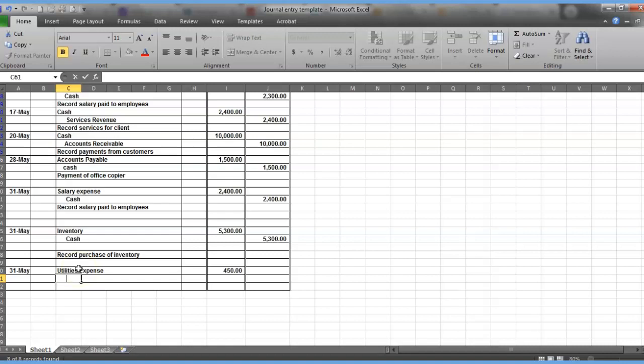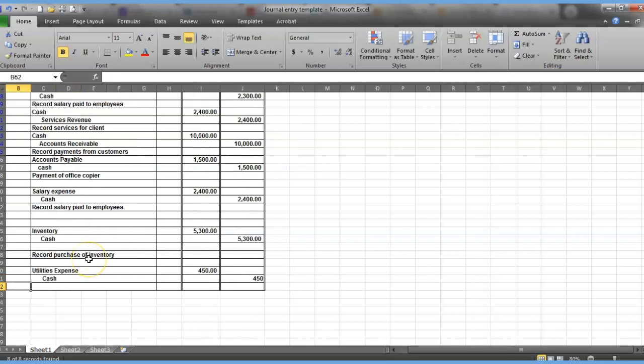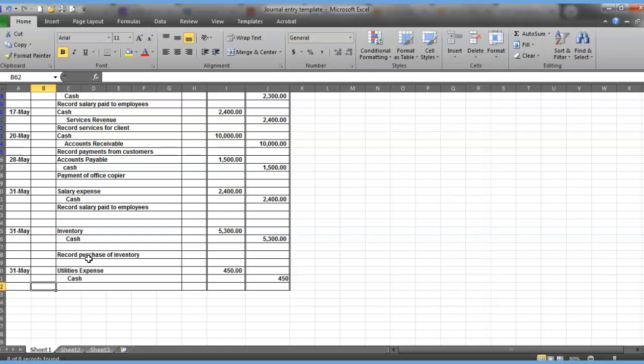We also paid that bill. We didn't just record the receipt of an invoice, but we recorded the money that we had to pay. So I'm going to record utility bill payment. And here are all the transactions for the month of May.